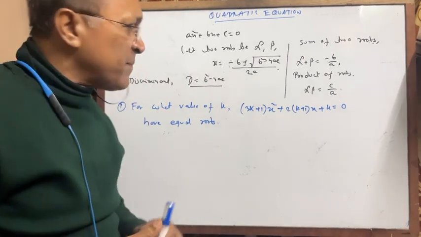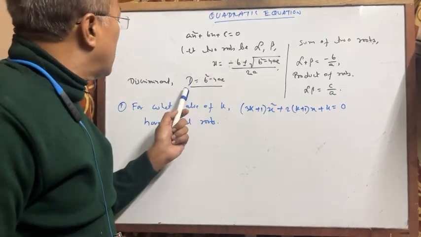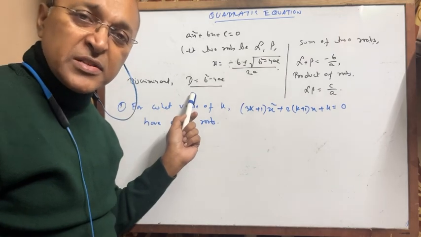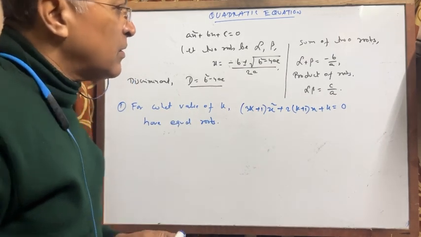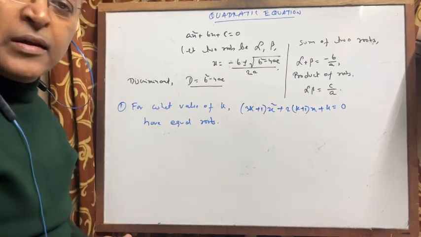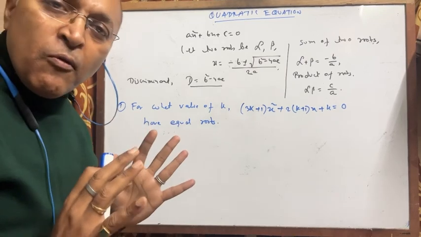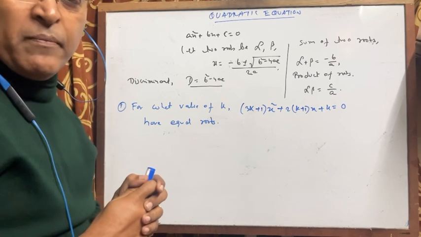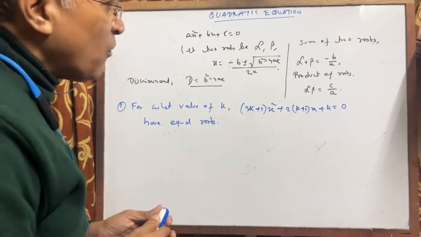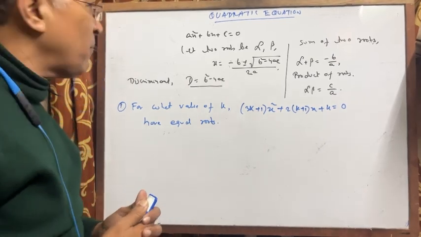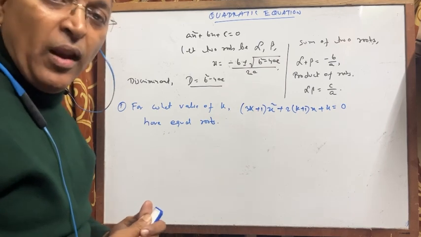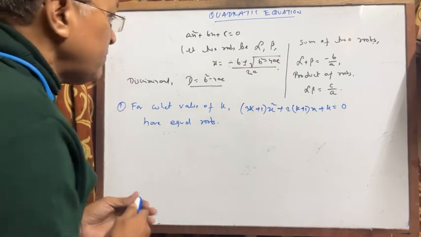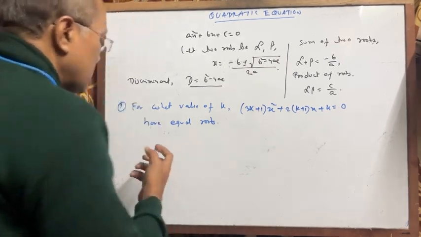Then this particular discriminant will be a factor. When discriminant becomes 0, roots will be equal.